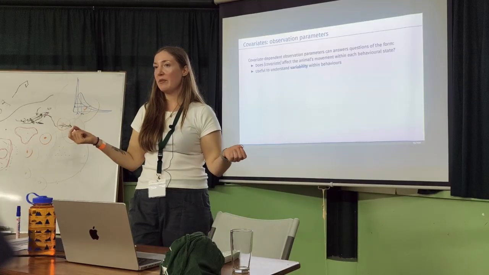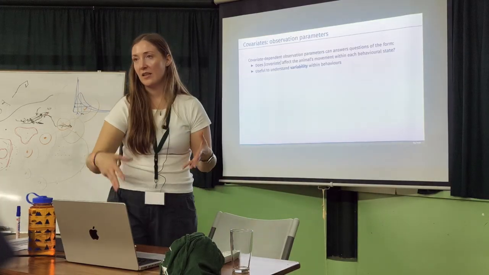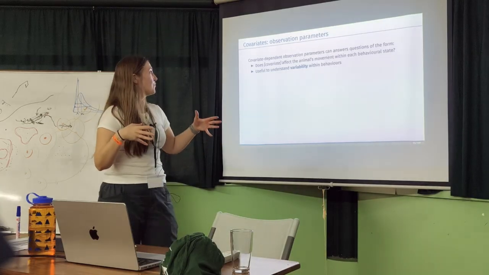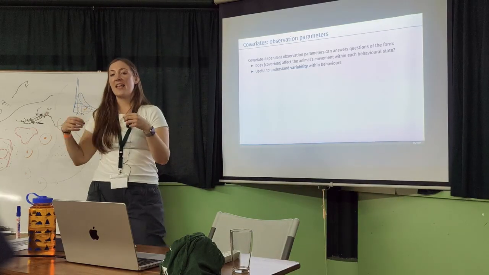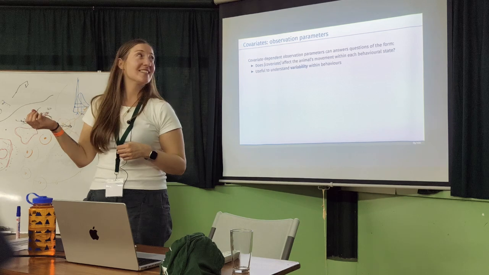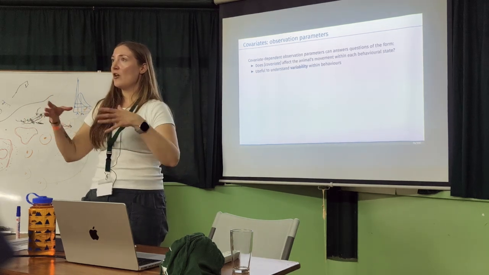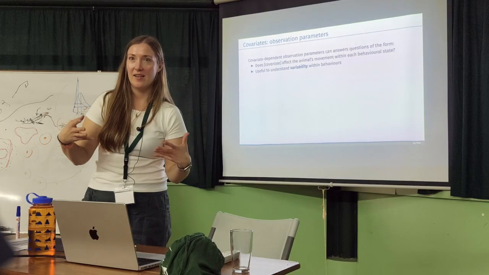Any of those parameters can be specified as a function of covariates. This will answer whether a covariate influences an animal's movement within a behavioral state, so it models variability within a state.